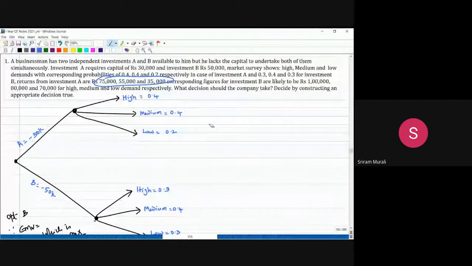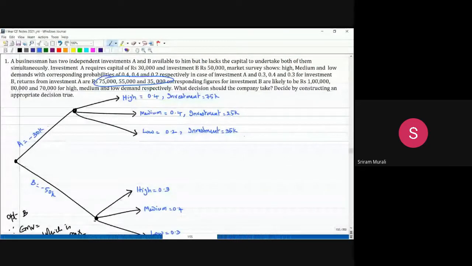So investment is 75,000. Here the investment is 25,000. What is the investment here? 35,000.